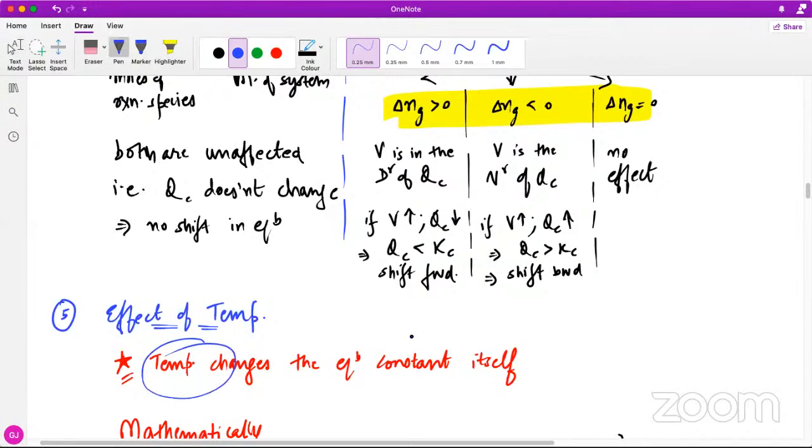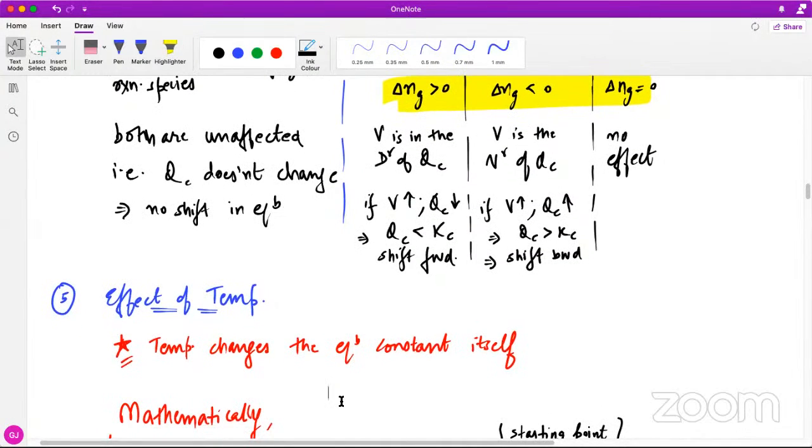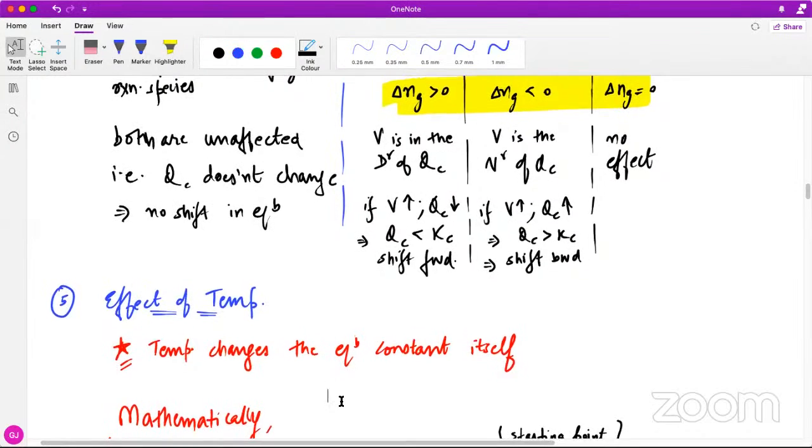Increasing temperature. Wait, it depends upon the conditions now about volume and pressure. It depends on endothermic and exothermic. It depends on delta Ng also, no, then. Yeah. It would depend upon whether the reaction is endothermic or exothermic.